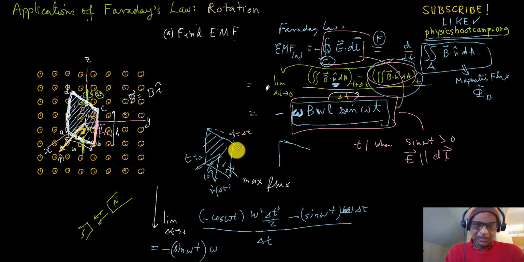So if the induced current is in that direction, that means it's going to induce its magnetic field. So this will be the induced magnetic field. The induced magnetic field is in the same direction as the original magnetic field. It kind of adds to that original direction.